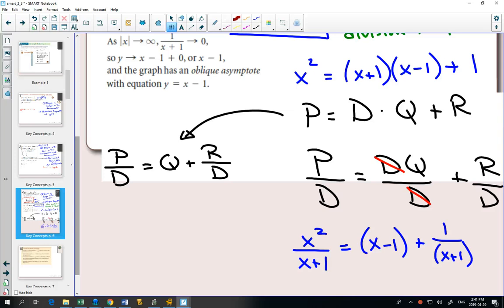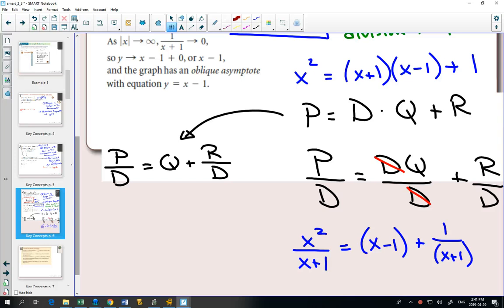It's going to be the same as what's going to happen on this side when x gets really, really big. Does that make sense? If I make x really, really big on this side, and I make x really, really big on this side, since they're equal, the same thing should happen.